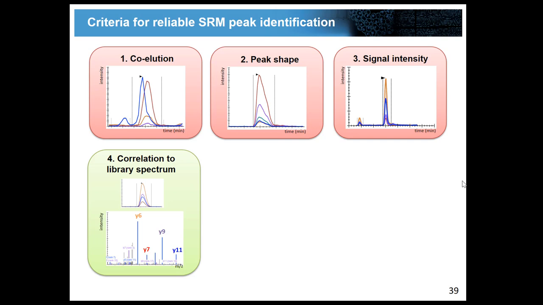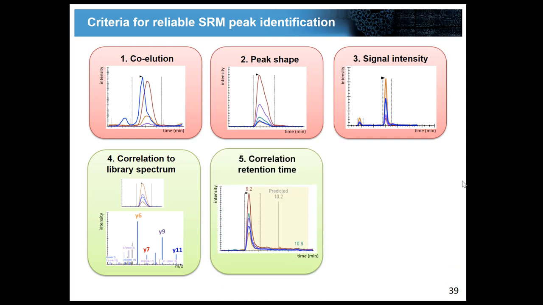If you have an MS2 spectrum acquired and identified for your target peptide, from a repository or from your own DDA data, then you would expect that the most intense transition in your SRM trace should also be the most intense fragment in the MS2 spectrum. So you would expect a correlation between those two.